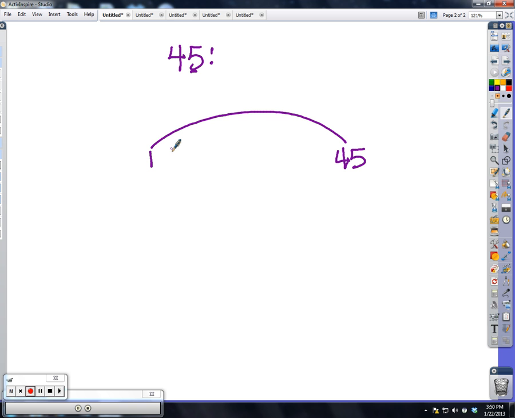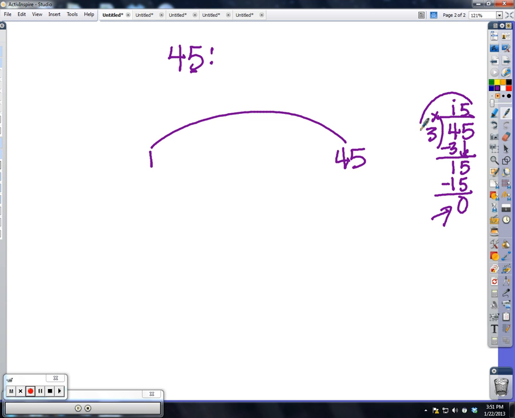If you don't have a calculator, you can just work it out off to the side. 45 divided by 3. 3 goes into 4 one time. 1 times 3 is 3. Subtract. 1 is less than 3. Bring down the next digit. 3 goes into 15 5 times. 5 times 3 is 15. Subtract, 0. We have a remainder of 0.